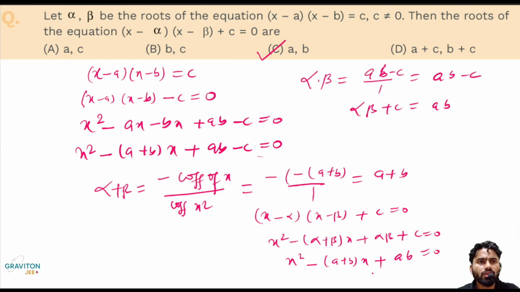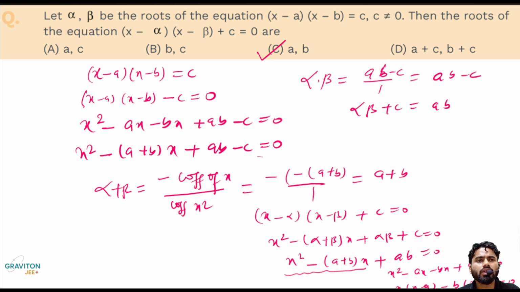From here you can take it like x square minus ax minus bx plus a into b equal to 0. Now take x common from here, so this will become x into (x minus a), and now take minus b common from here, so this will become x minus a.